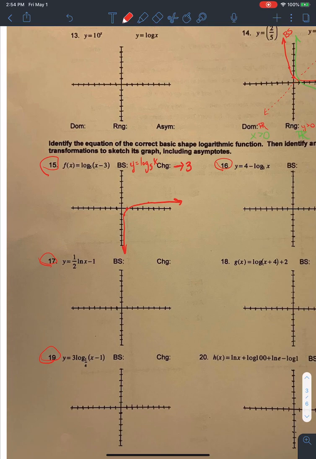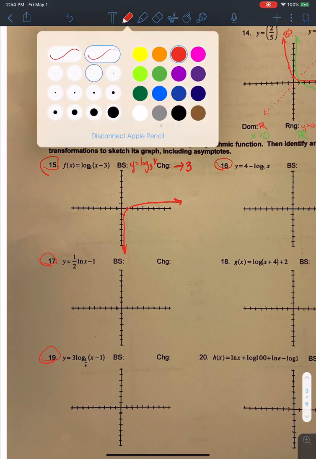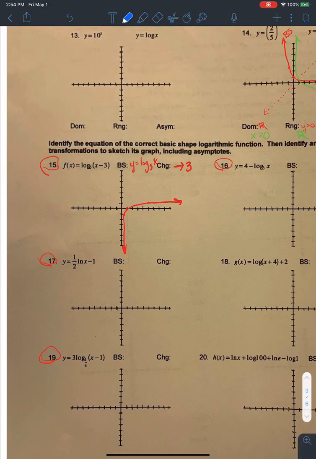And then if we're going to move this guy, I'm going to use a different color than green, let's go to blue. We need to move our asymptote. Currently our asymptote is sitting here on the y-axis, but we can't really use that. We need to move it 3 to the right. So 1, 2, 3, this blue line is becoming my new asymptote. I'm just going to scoot the red one over 3 units.